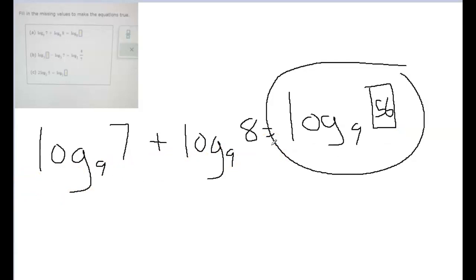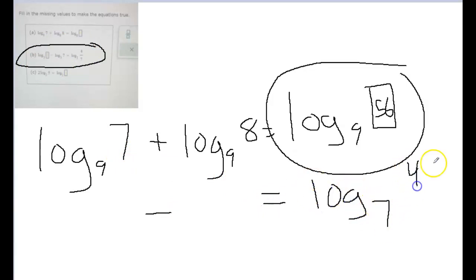And if addition goes with multiplication, subtraction goes with division. So the second one here is having two logs subtracted, and it's saying the result is log base 3 of 4 divided by 7. It's kind of hard to see, but the base is the same everywhere.